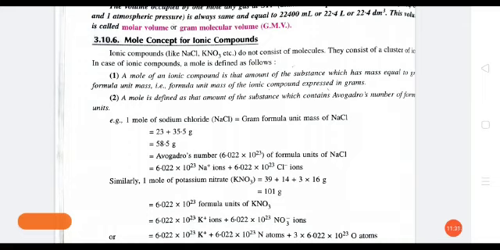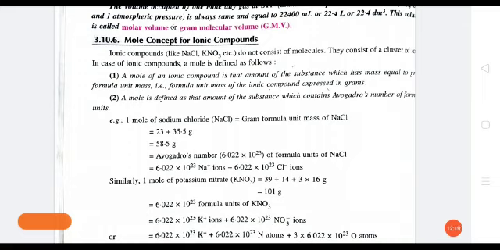Ion carrying positive charge is called cation, and ion carrying negative charge is called anion. Ions consisting of single atoms are called monoatomic ions, and ions consisting of group of atoms are called polyatomic ions. And the compounds consisting of cations as well as anions are called ionic compounds.